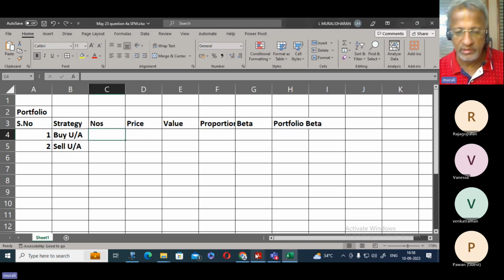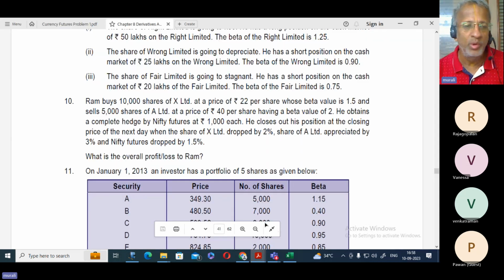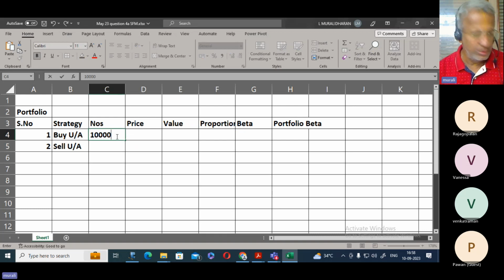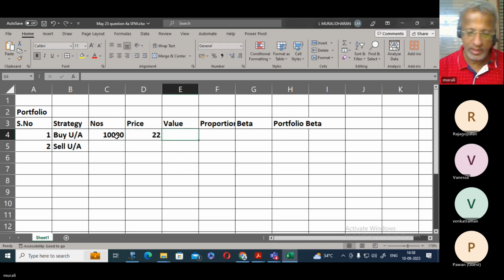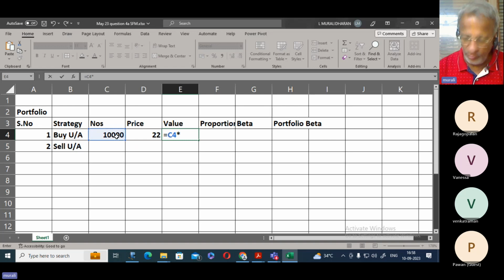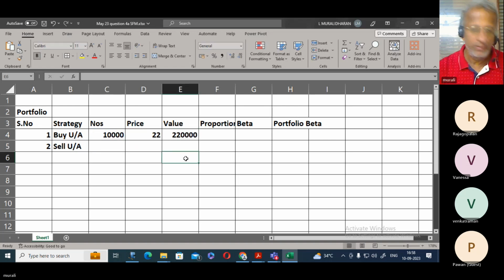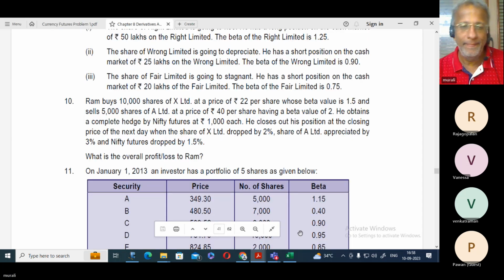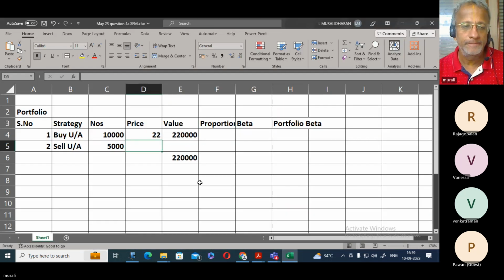Numbers is talking about shares of X Limited and here A Limited. Shares of X Limited are 10,000 at 22, and the value of the portfolio is going to be this. Here it is 5,000 at 40.